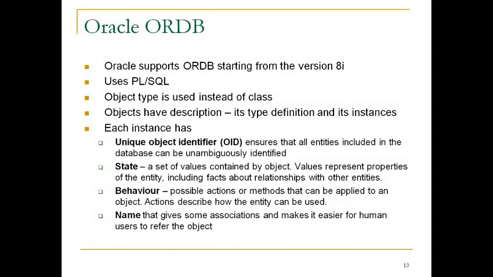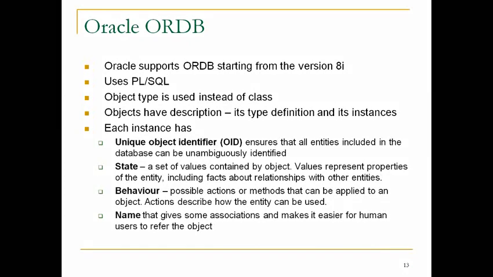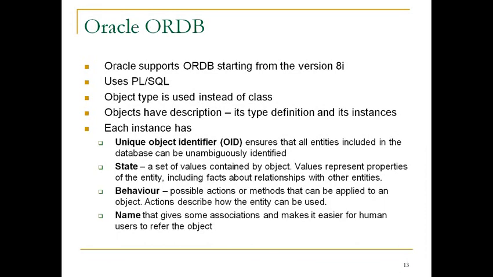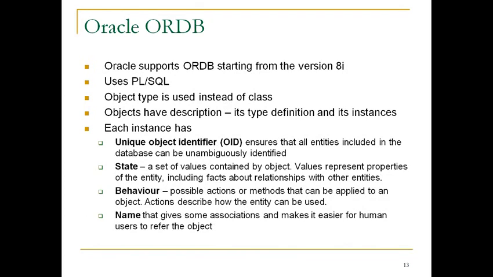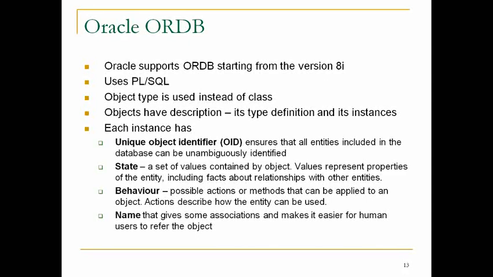An instance contains very similar things as an object did. It contains a unique object identifier, which ensures that all entities or all objects included in the database are uniquely identified. Its state, or the values contained by the object, actually these are attribute values. Again, an example, if the attribute is name, then the state is Jan's.